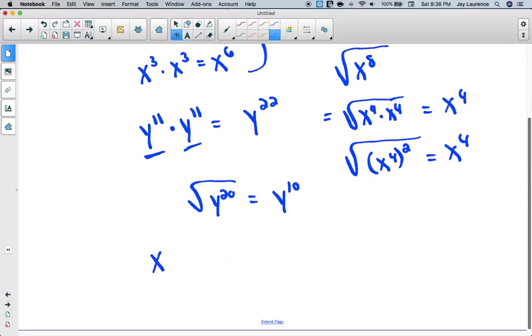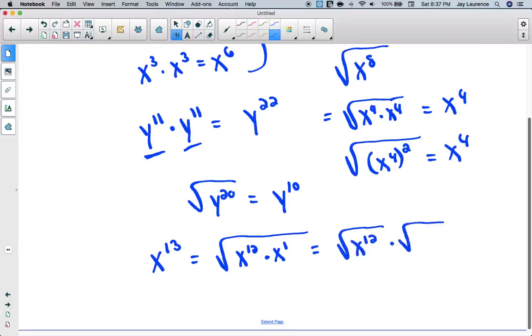So if I have rad of x to the, say, 13th, I'm going to think about that as x to the 12th times x to the 1st, which is the same as rad x to the 12th times rad x. And this first part here, wouldn't this be x to the 6th? And then rad x. So that's how it's going to break down.